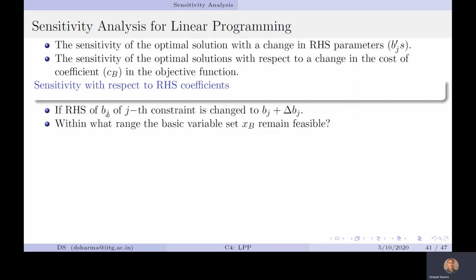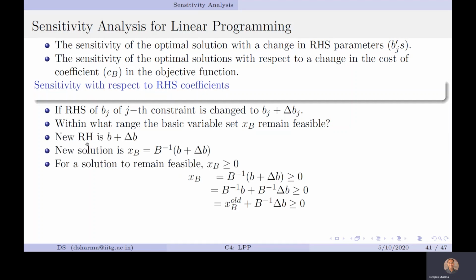Suppose the right hand side of the jth constraint is changed to bj plus delta bj. So delta bj is added into bj, and this delta bj can take a plus value as well as a minus value. Within what range does the basic variable xb remain feasible? When we perform sensitivity analysis with respect to the right hand side coefficient, we always see how much change we can make in the right hand side so that the set of basic variables remains feasible.